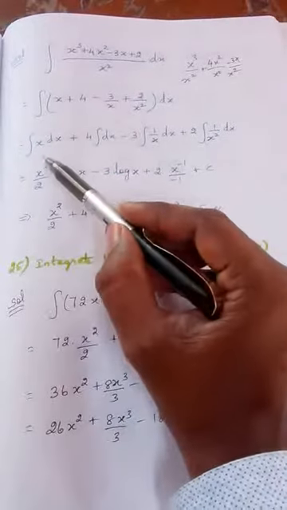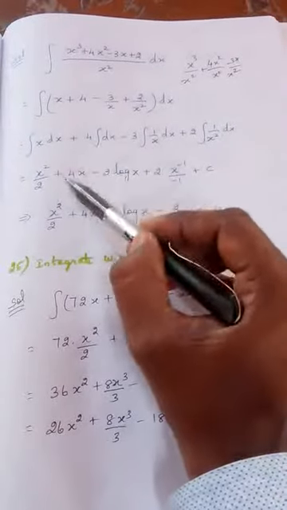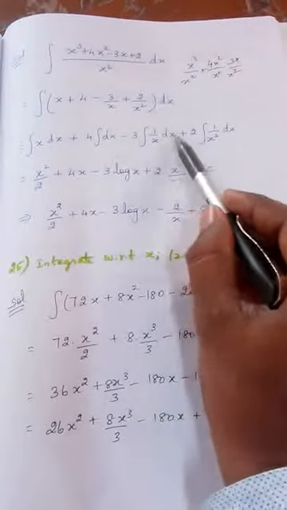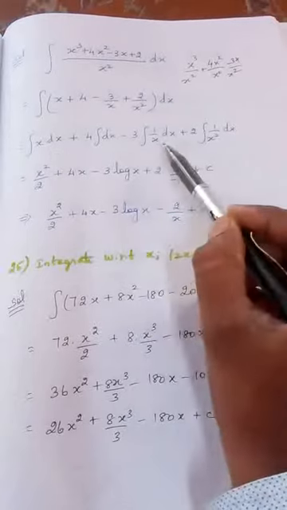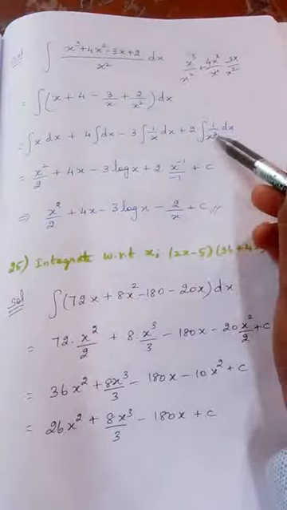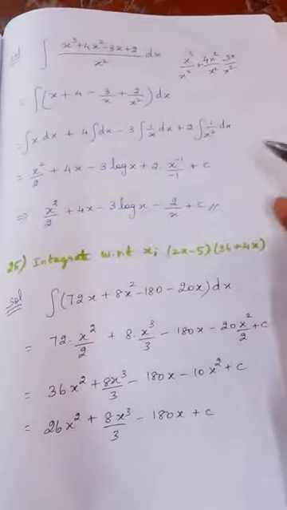Integral x dx, answer is x square by 2 plus 4. Integral dx means answer is x minus 3, 1 by x dx log x. These are all formulas, so I need not explain how it is. So this last one, 2, we are taking this to numerator.